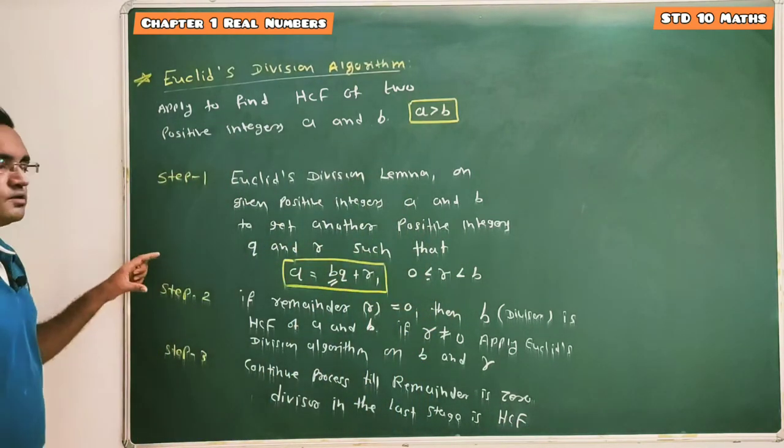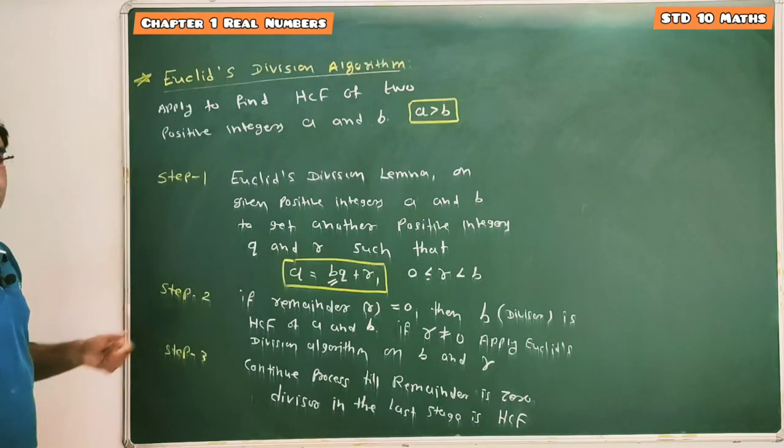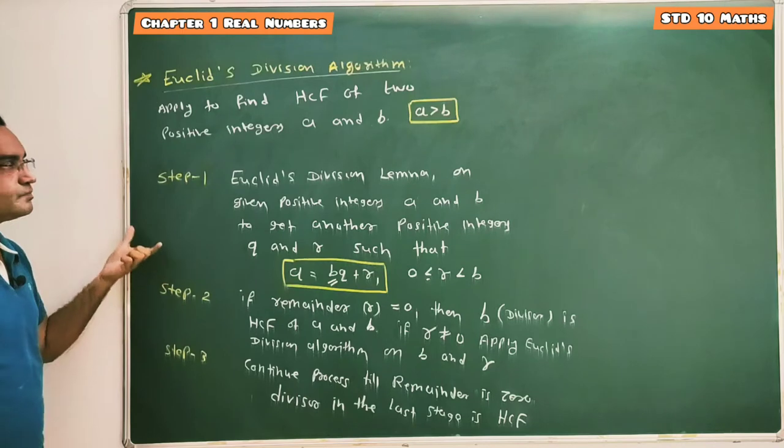Done. So this is the theoretical process, or we can say the algorithm, by which we can find the HCF of given two numbers.